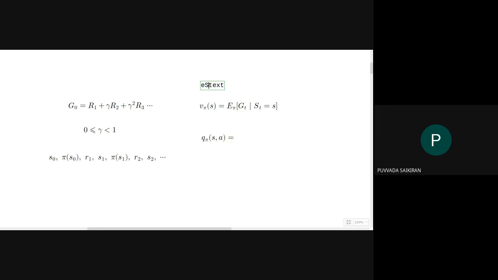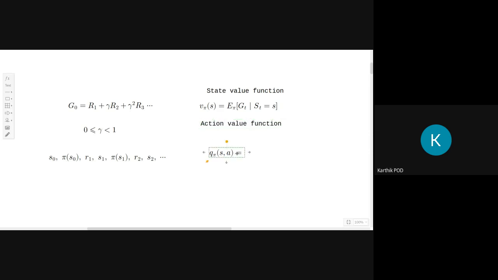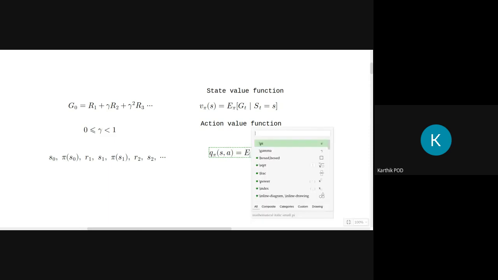So this is the state value function, and this is the action value function. These are two value functions that we need to be aware of. This is again an expectation over a policy pi, but the difference here is that you start from state s, take action a, and then you behave according to this policy pi.